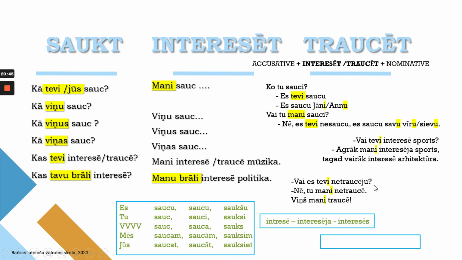Am I interrupting or disturbing you? Nē, tu mani netraucē. You don't. Viņš mani traucē. He is interrupting me. So again, we use traucē in present, traucēja in the past, and traucēs in the future.